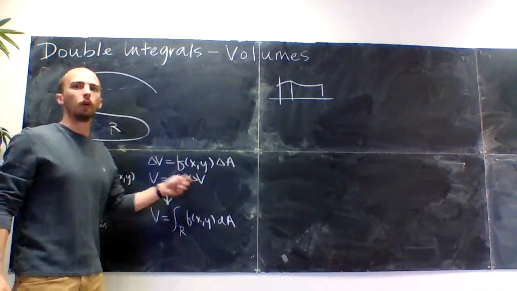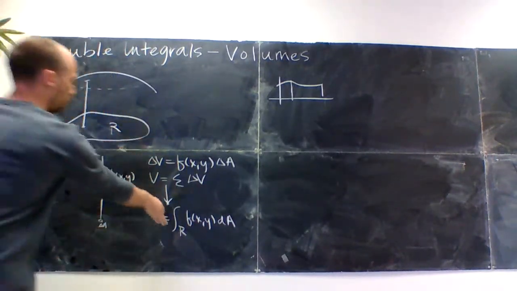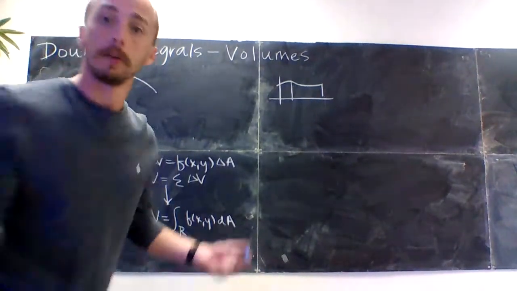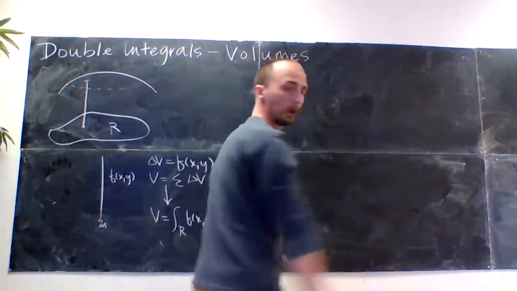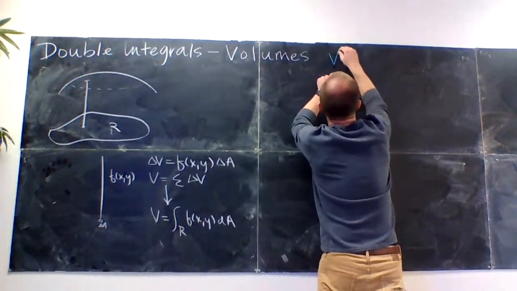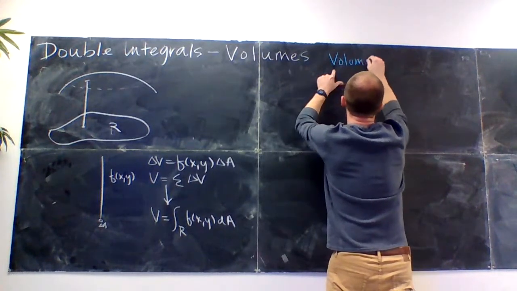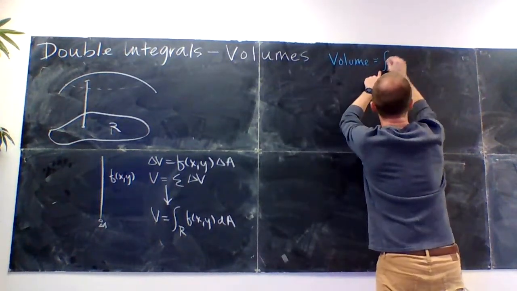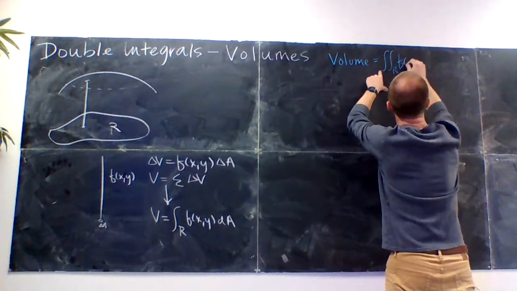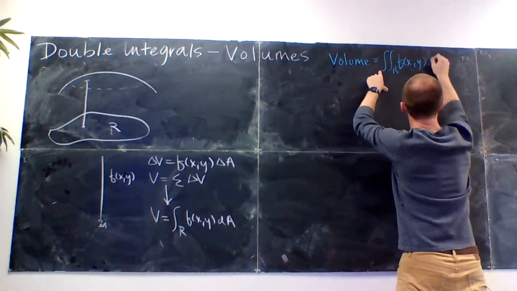So just in general, I'm adding them all up to turn it into an integral, and the fact that I'm going to be going off of for the rest of this video, I'll put up here, right where I put the thing for area, is that volume is going to be the double integral over some region of f of x and y dA.